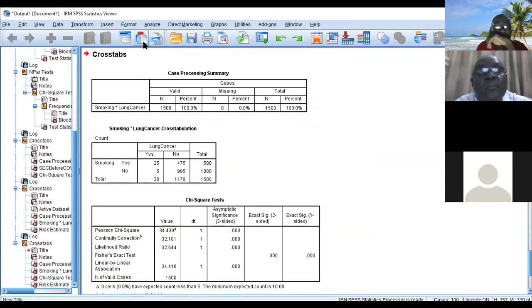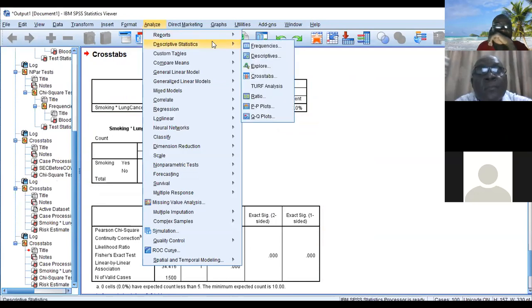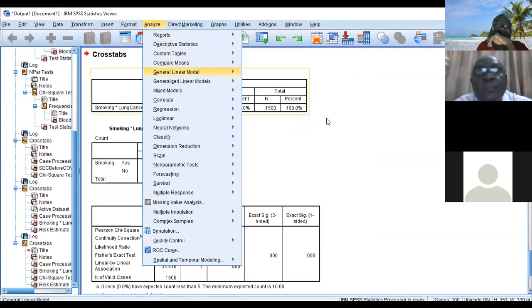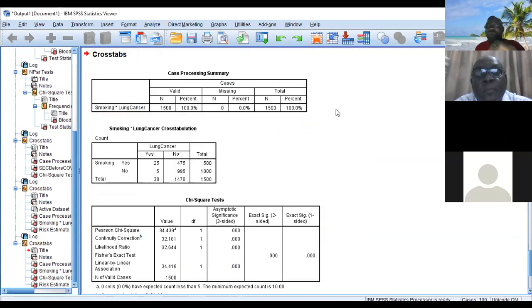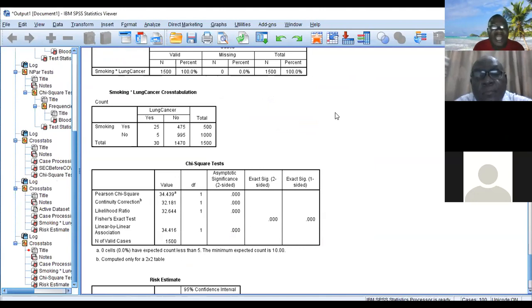You have run it, leave it. I wanted us to look at the percentage. You will see here that the chi-square is significant. Even the continuity correction, the corrected chi-square, and the likelihood ratio chi-square are all significant.